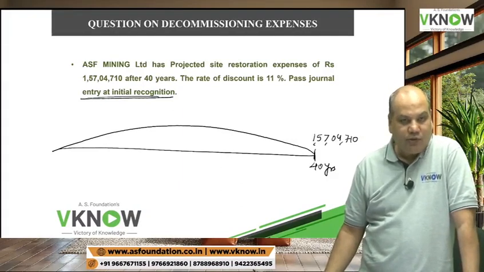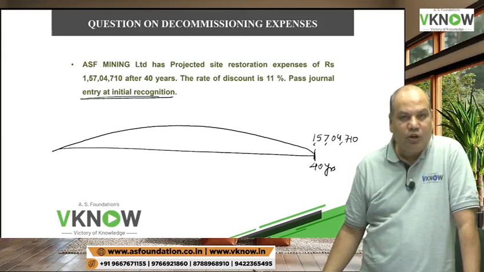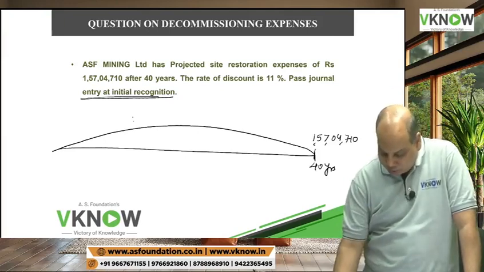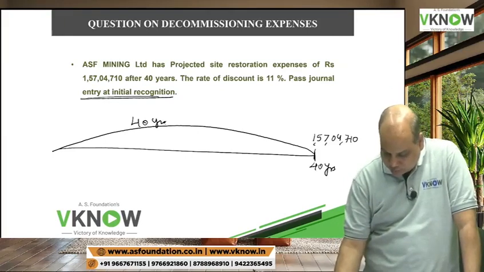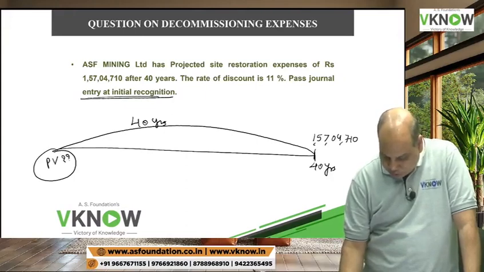The standard says if you have a decommissioning obligation, then you are also going to add the present value of the decommissioning obligation to the cost of the PPE, and this will take 40 years. The question is, what is the present value?